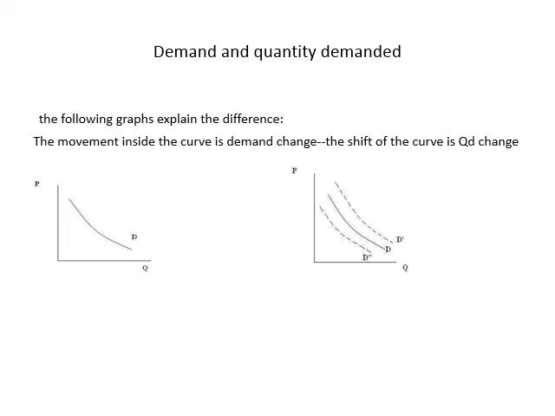Now, let's return back. The relation between income and quantity demanded is direct. High income, high quantity demanded.